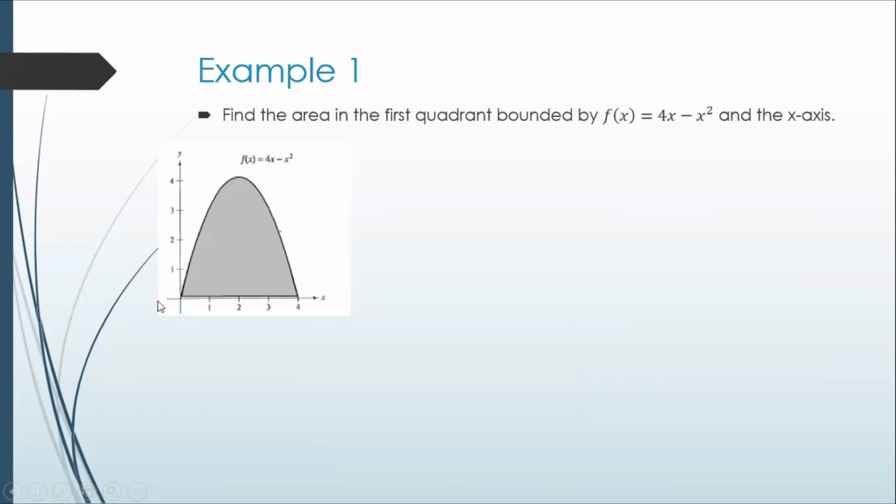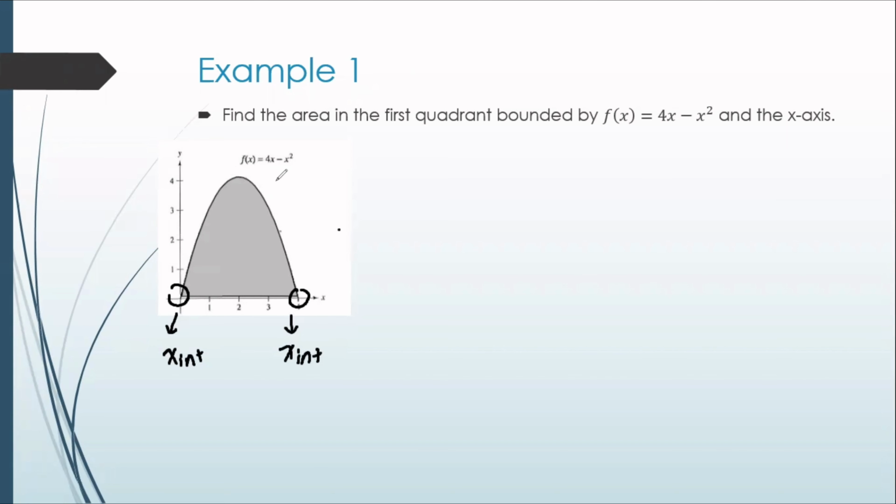So that means you have two boundaries, this point and this point. This point we call it as x-intercept. This one also x-intercept.